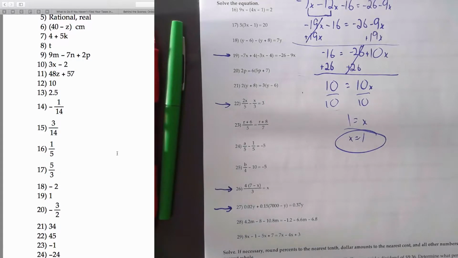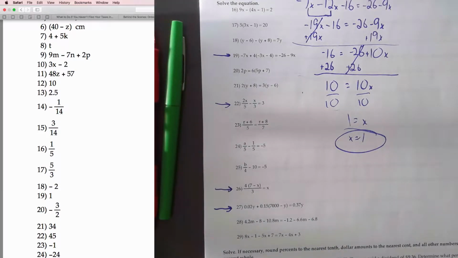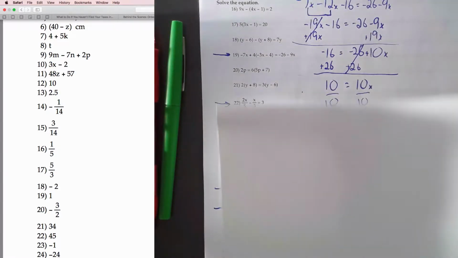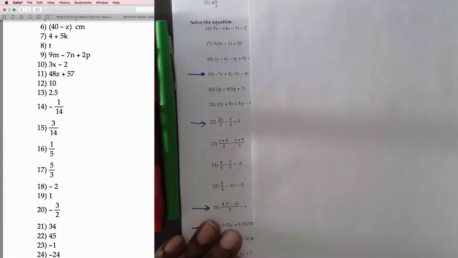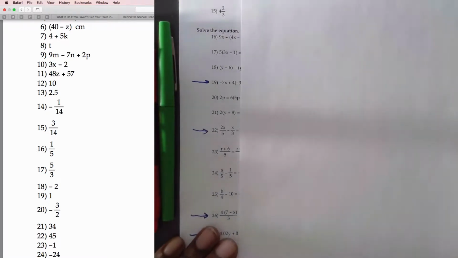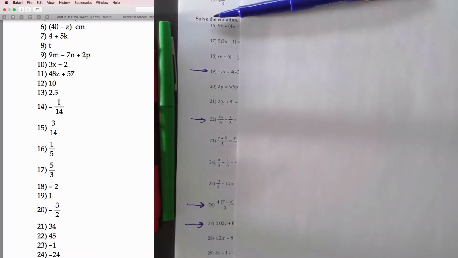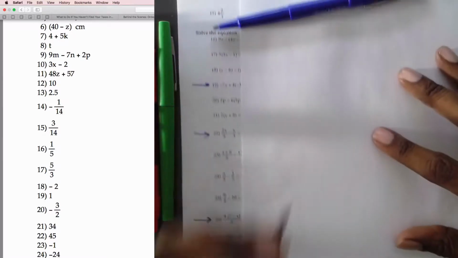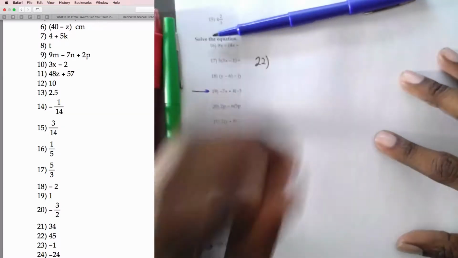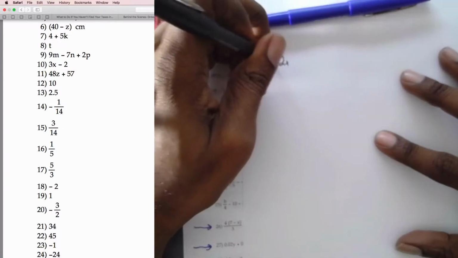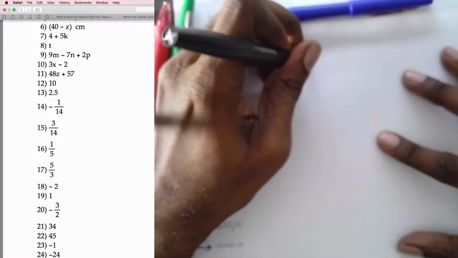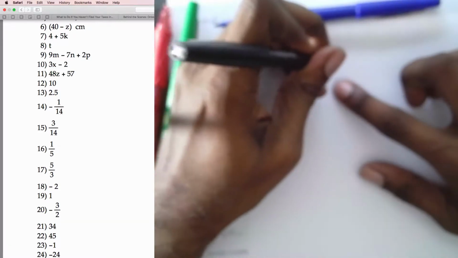Let me go get a piece of paper. Let me pause this here. Get a piece of paper. Okay. Now I'm going to put this on a different sheet here. So 22. Okay. So let's write down this problem, and let's say 22 is 2x over 5 minus x over 3 equals 3.